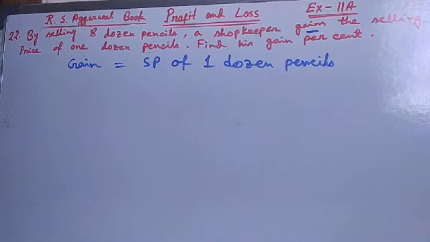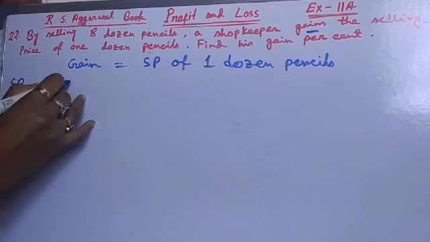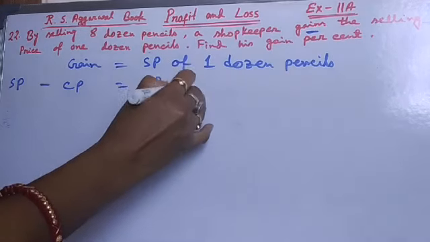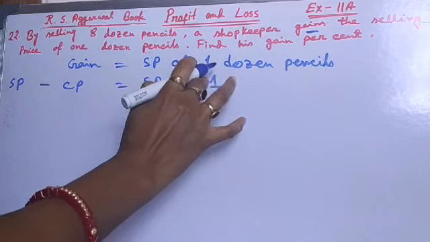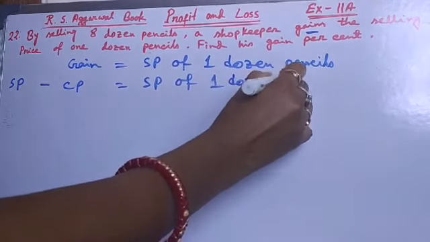So gain means SP minus CP equal to SP of 1 dozen pencil.